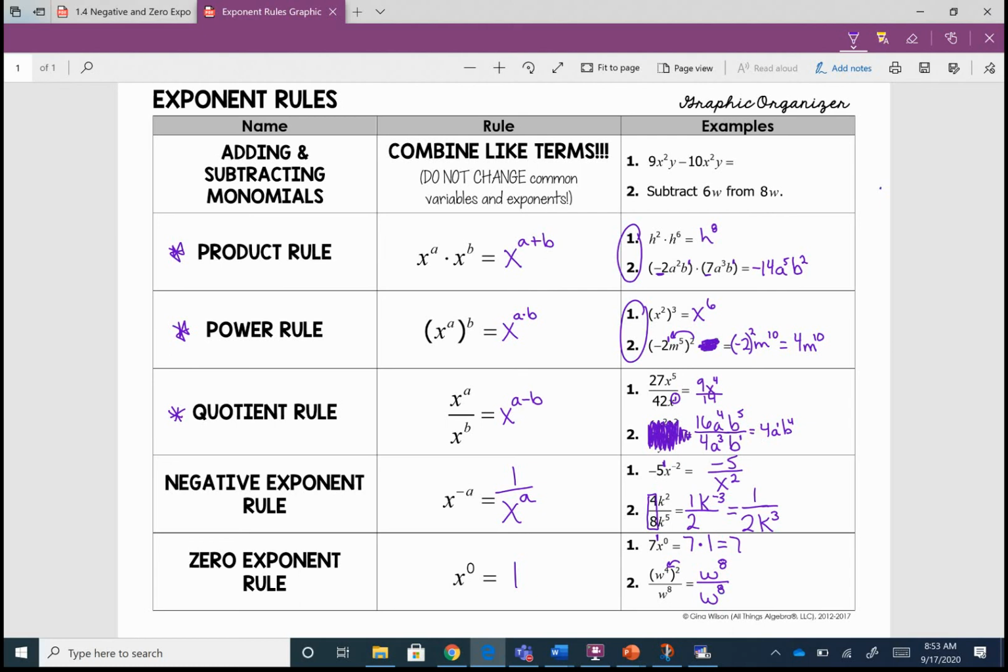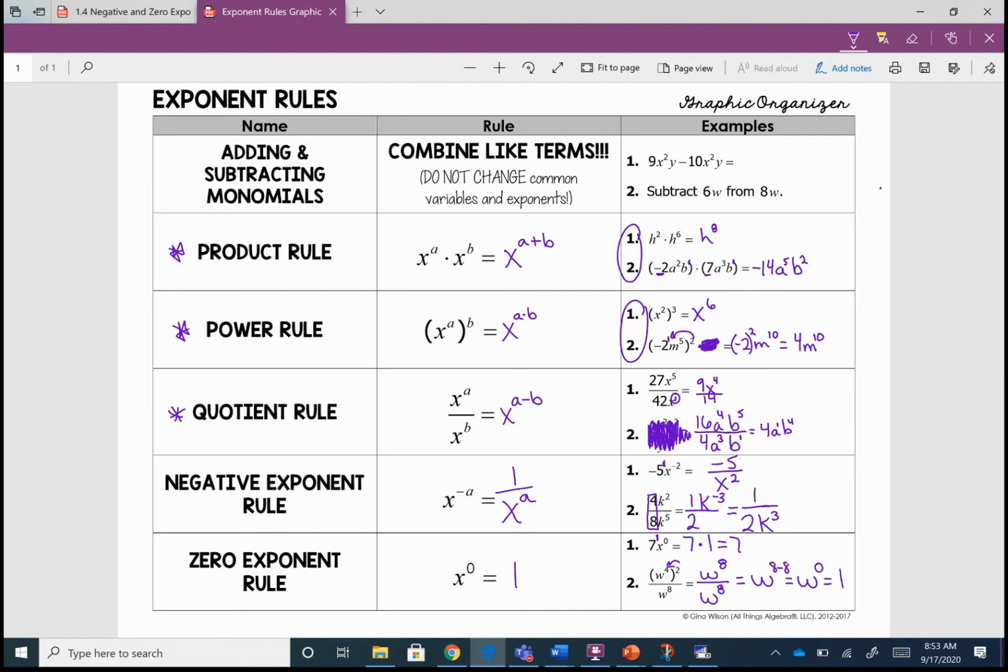We saw that property. We refreshed a lot on that this week. When we're dividing, we subtract the exponents. And we get a 0. Anything to the 0 power is 1.